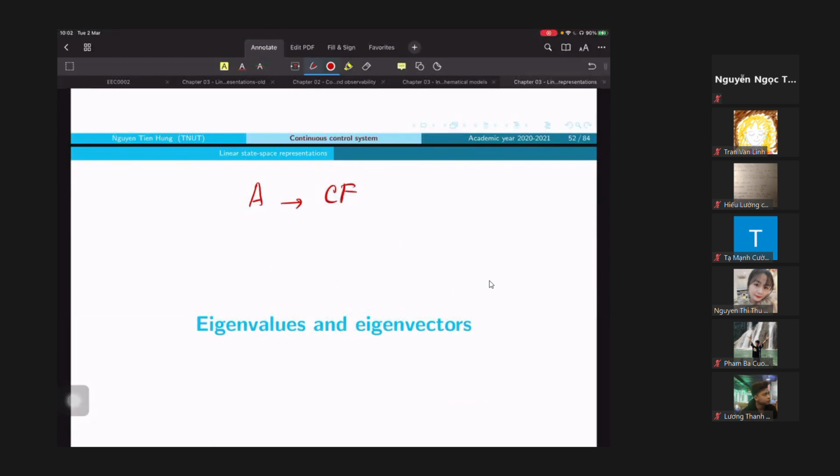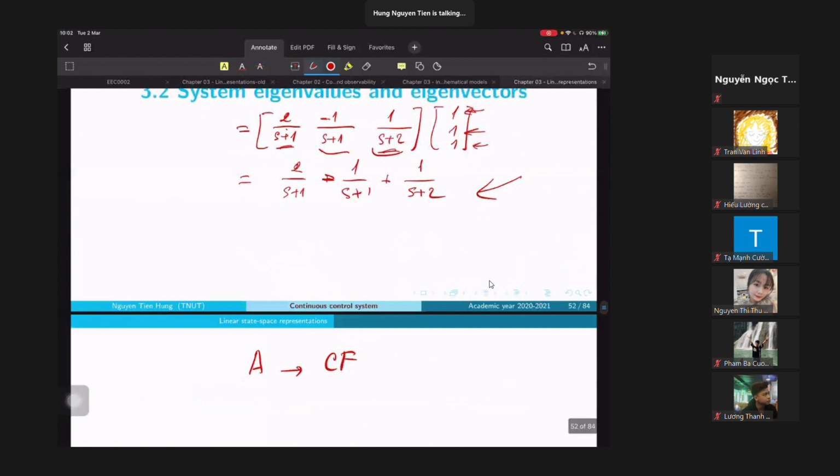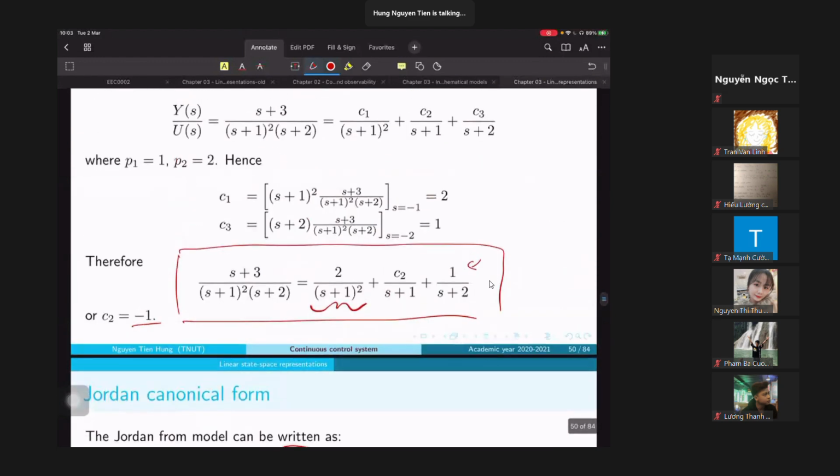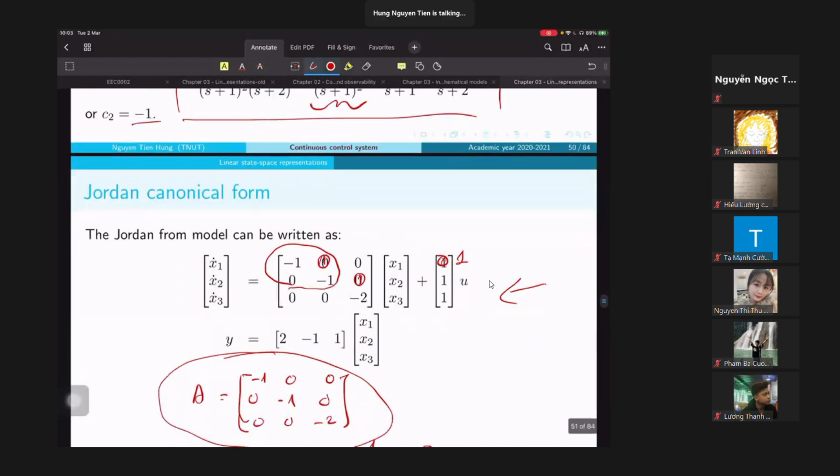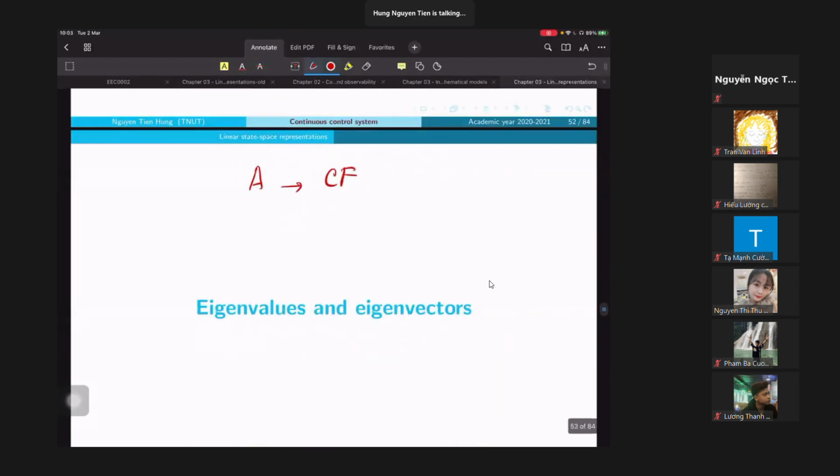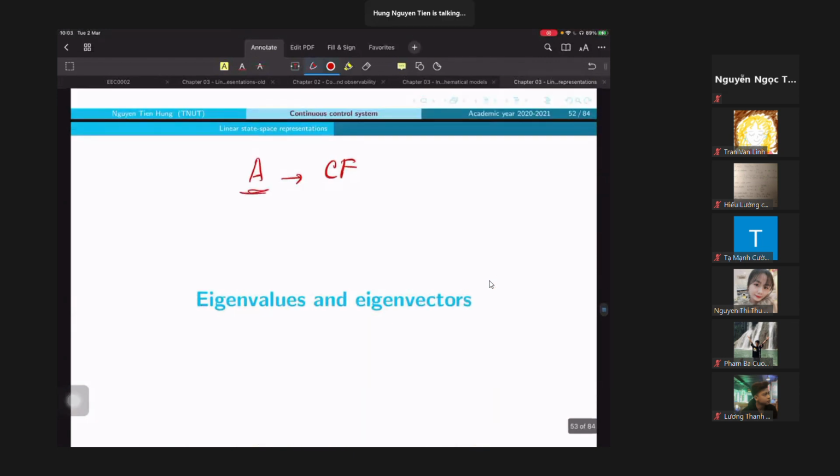When we do this in this section, we see that we have no formula to transform this into the canonical form.